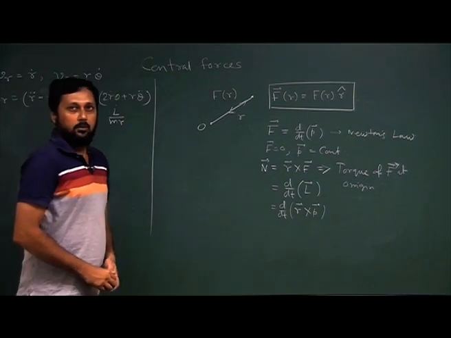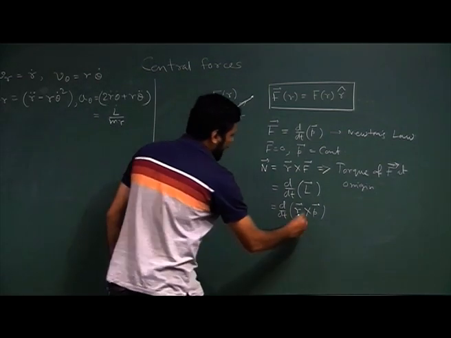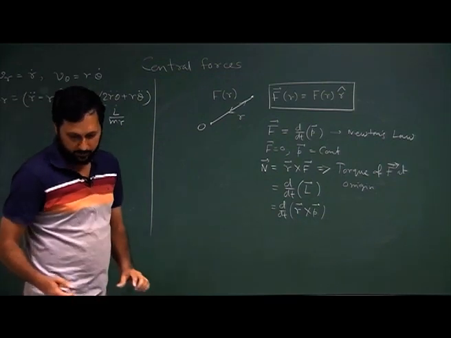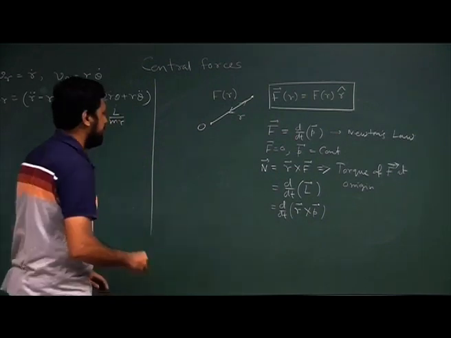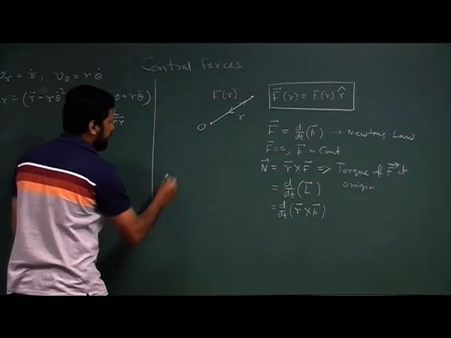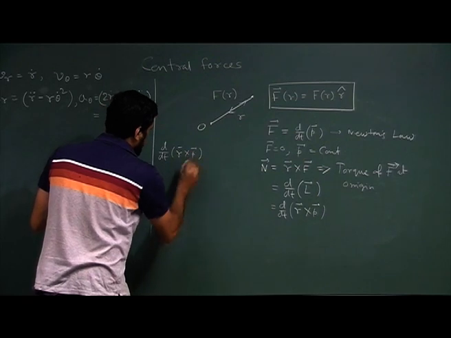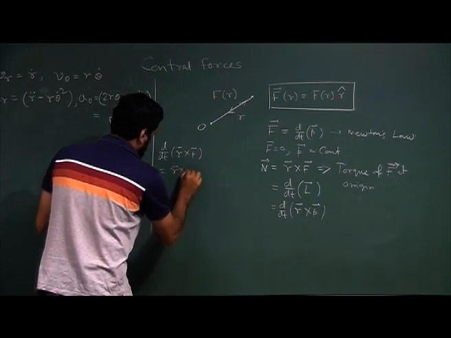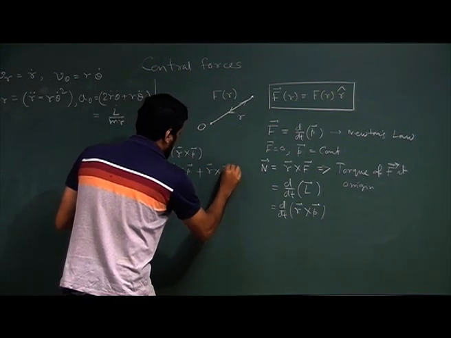So, if we have torque equal to 0, we immediately see L is a constant, and let us do one more step. d dt of r cross p is equal to r dot cross p plus r cross p dot.